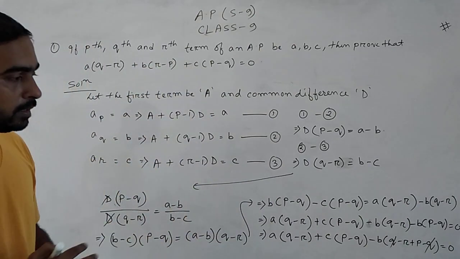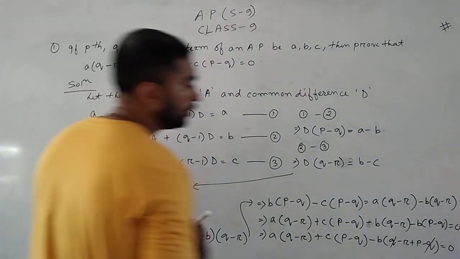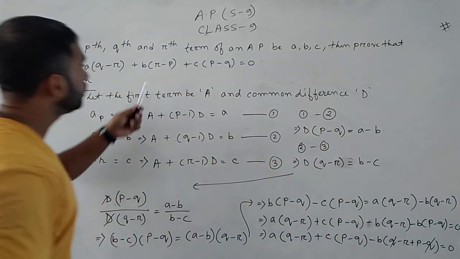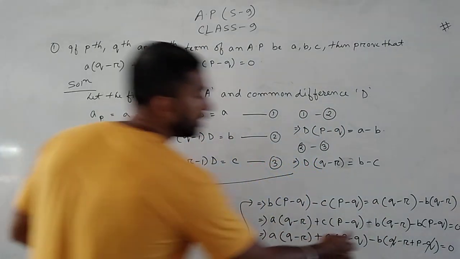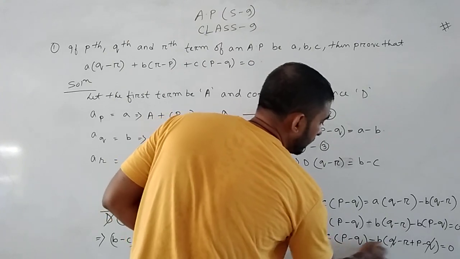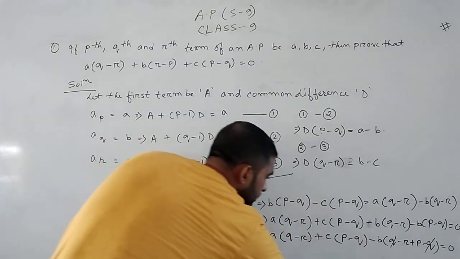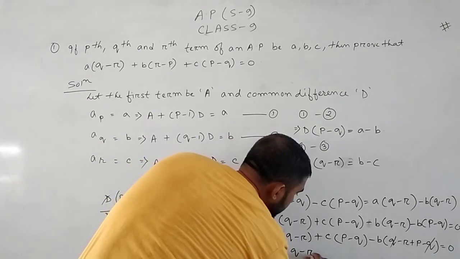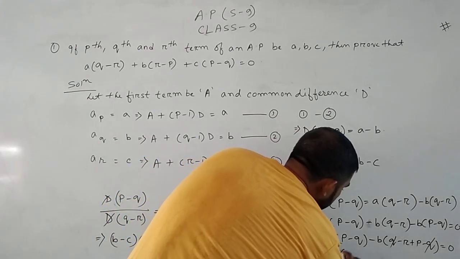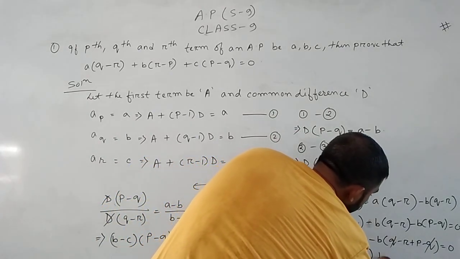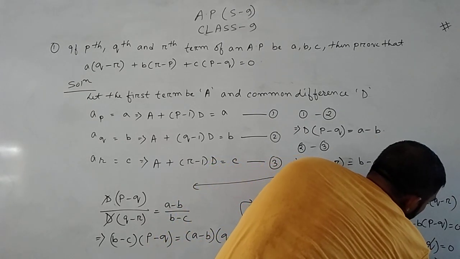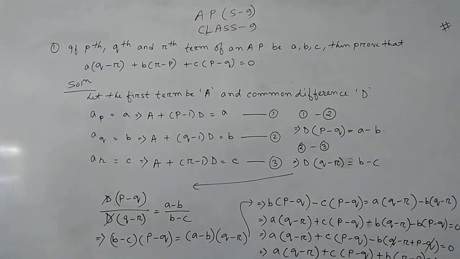All the symbols are different. So if I change the places, minus will be common. So a into q minus r plus c into p minus q plus b into r minus p equal to 0. This is the solution of this question.